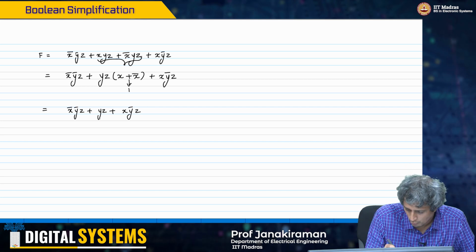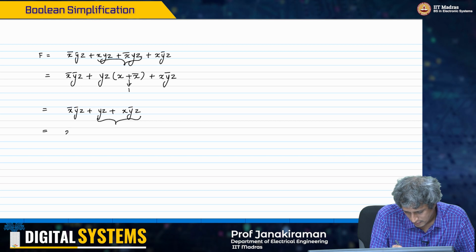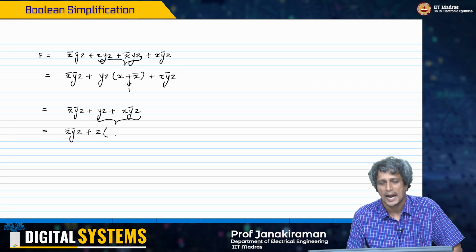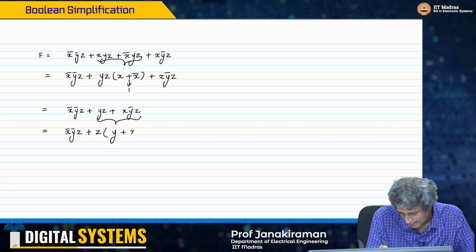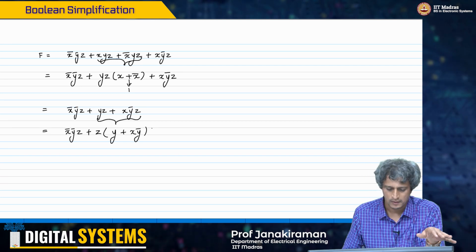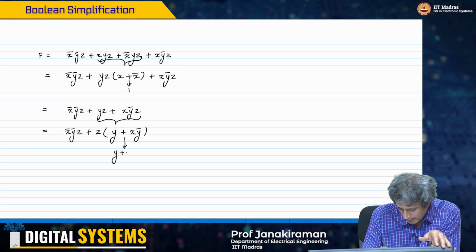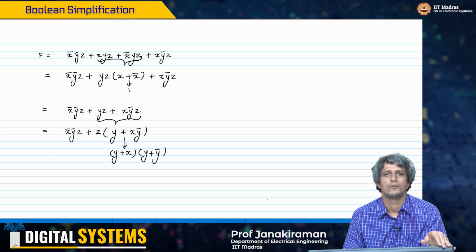Now I will further look at these two terms, x bar y bar z plus x y bar z. I'll take the z out, okay, y or x y bar. Again, I know that this can be written as y plus x into y plus y bar, the distributive law.